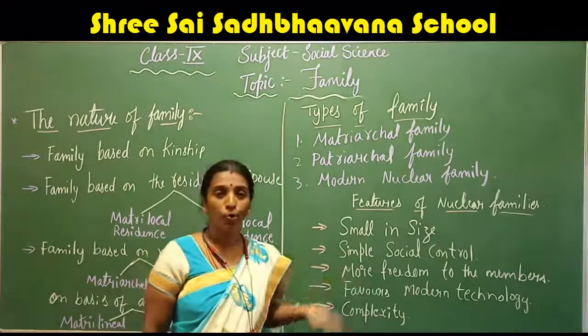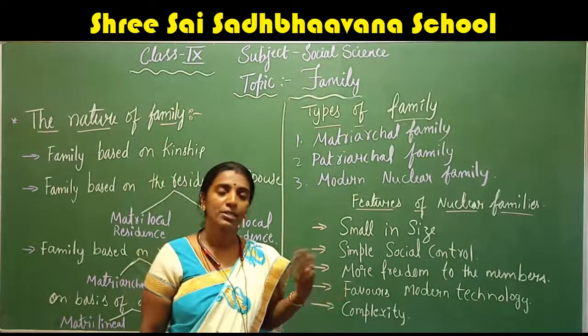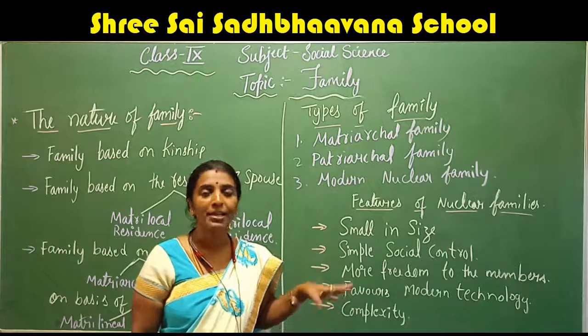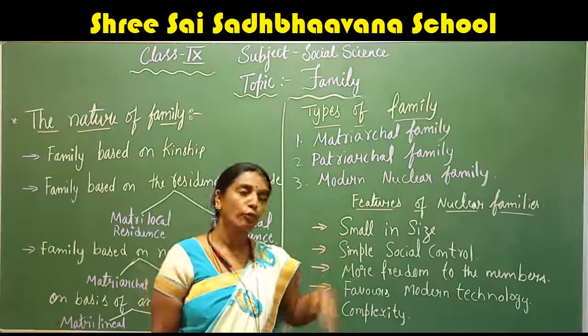So the freedom will be more. No one will be there hindering. Only parents, they don't have to answer to the grandparents and others, because it is a nuclear family, so they will have more freedom.